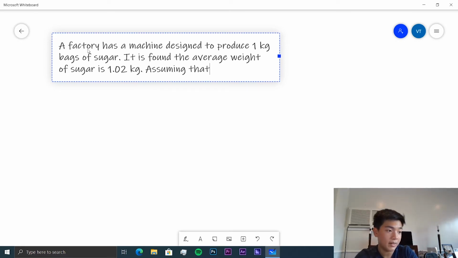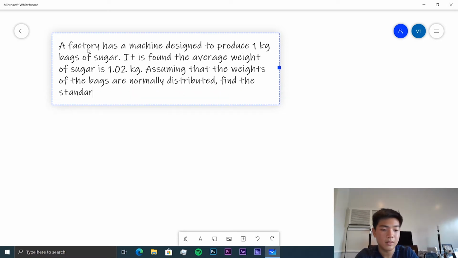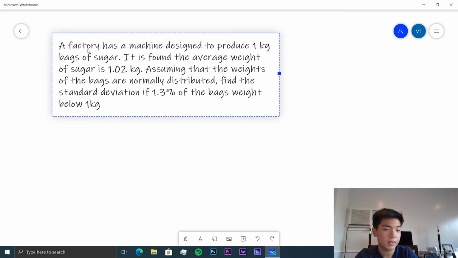Assuming that the weights of the bags are normally distributed, find the standard deviation if 1.3% of the bags weigh below 1 kilogram, correct to the nearest gram.